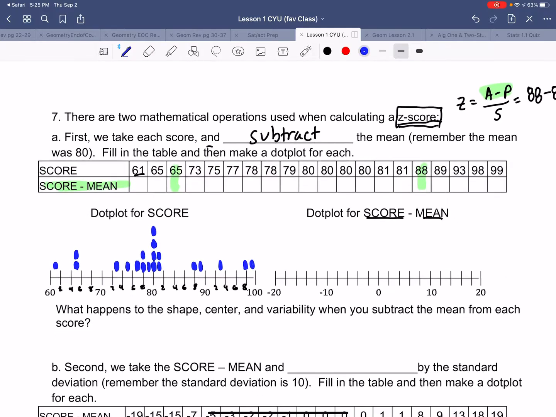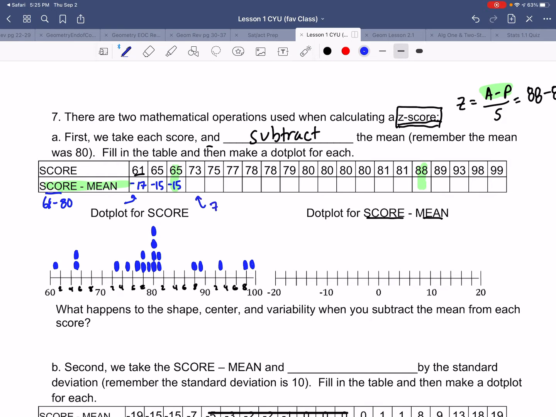Now, we are supposed to subtract the mean from that. So in this box, I'm doing the score 61, take away 80. All right, so that would be negative 17, correct? 65, take away 80, negative 15. 73, take away 80.